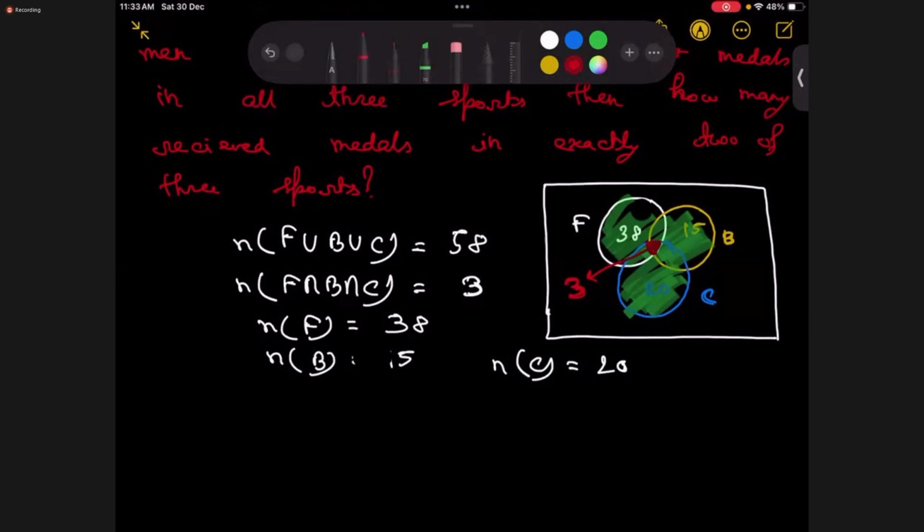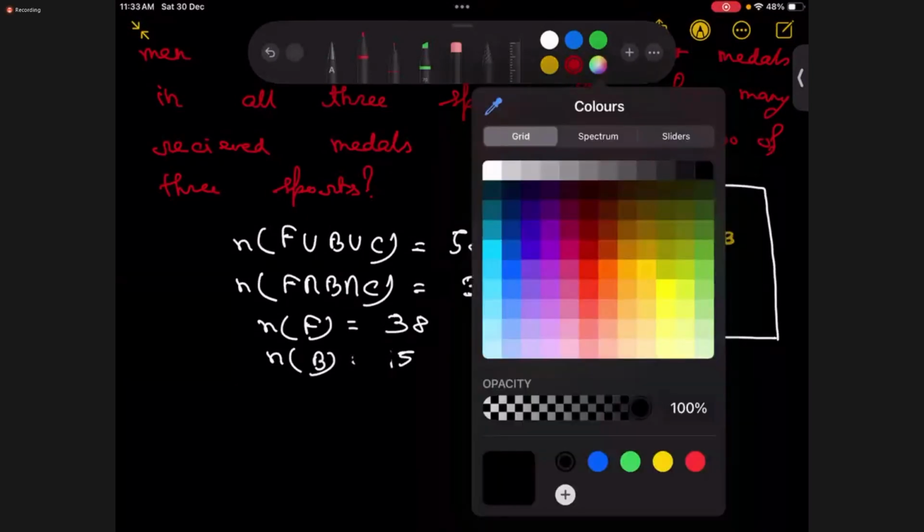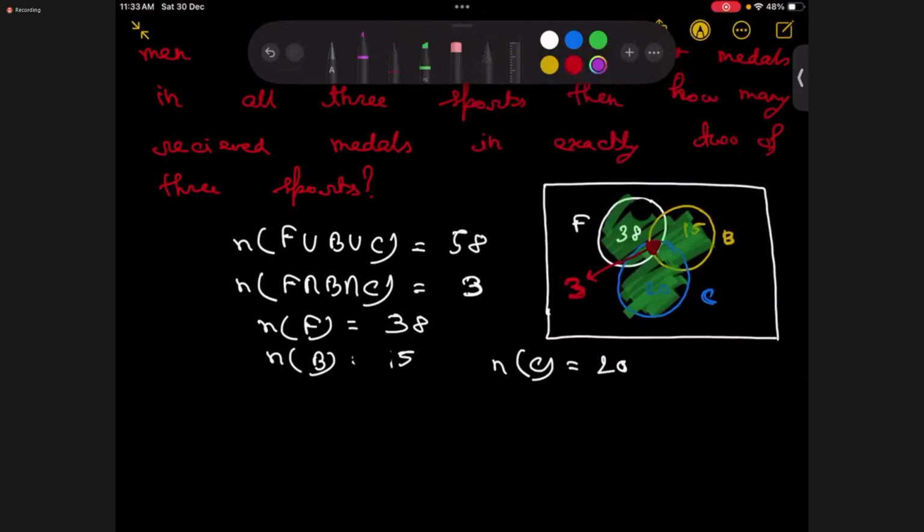Okay, this color will be good. Okay, we need to find this portion. So mainly this portion we need to find.